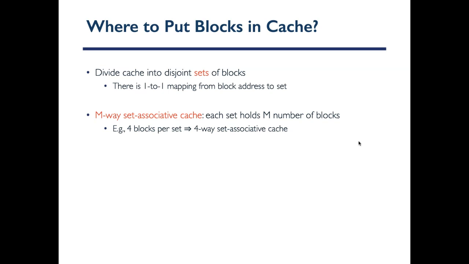So if you have an m-way set associative cache, it means that each set has m blocks. If you have 4 blocks per set in your cache, then you have a 4-way set associative cache.